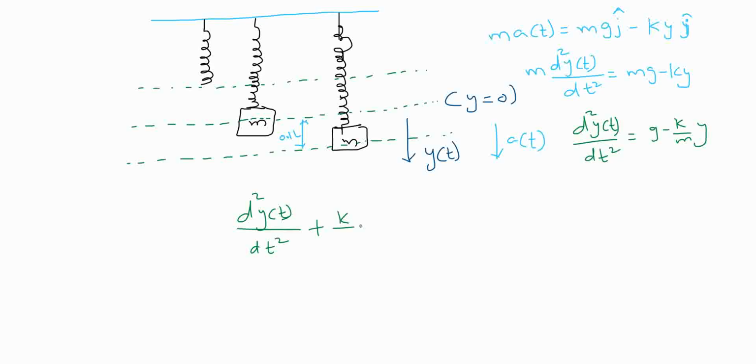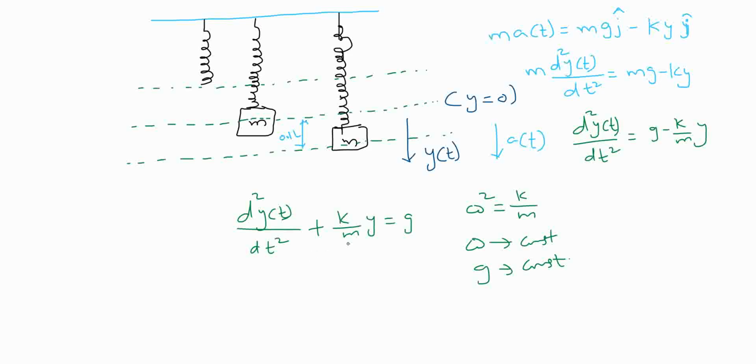Just rewriting the differential equation. Here k by m we can write as omega square equal to k by m, and g is also constant. Omega is constant, g is also constant, and this is a non-homogeneous differential equation.